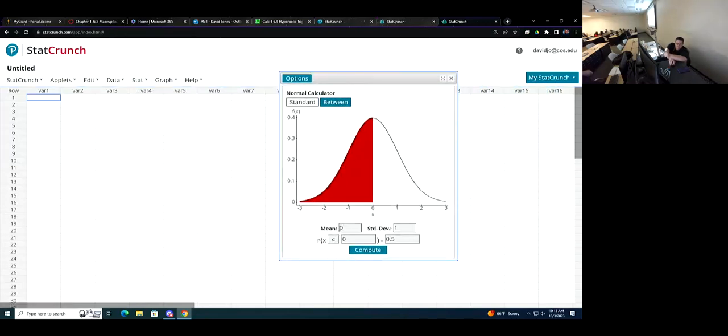You will have a spot to enter the mean and standard deviation. You can pick what we're setting the X for. And you do only less than or equal to or greater than or equal to. I'll show you why in just a second.